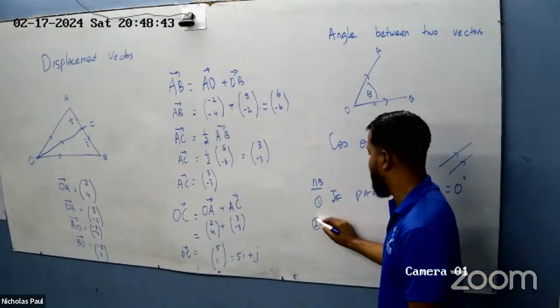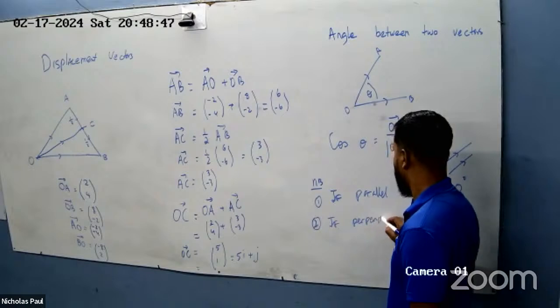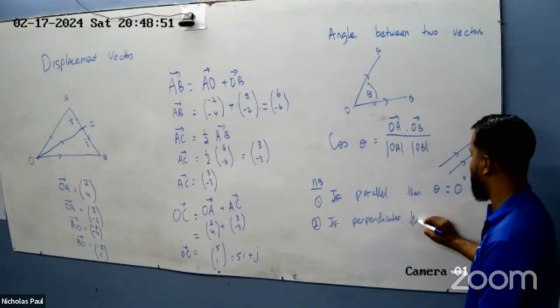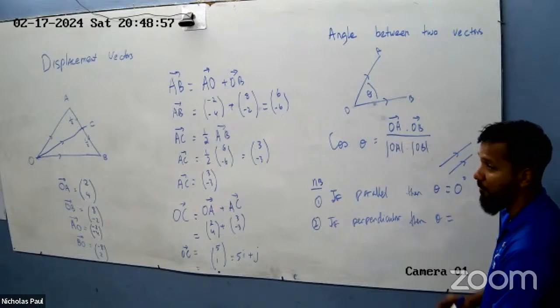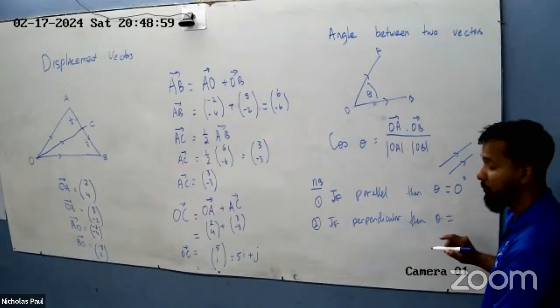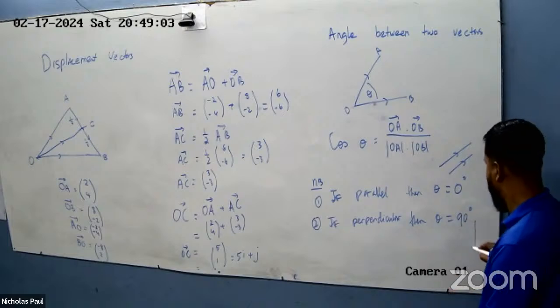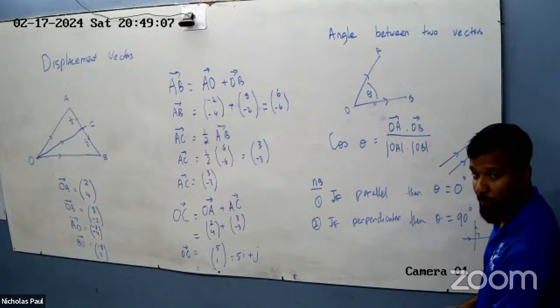But if they are perpendicular, then theta is how much? If perpendicular, theta is 90. Okay? So perpendicular obviously means this. Okay with that?